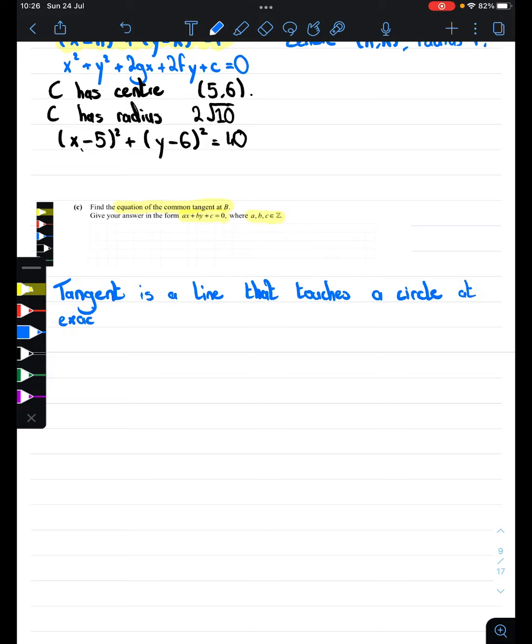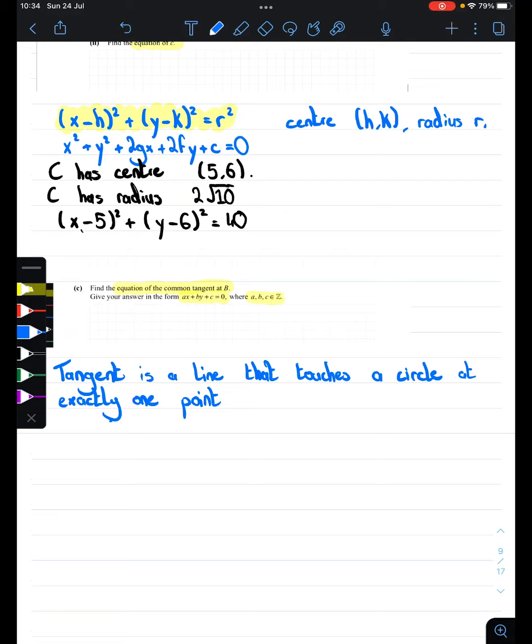Exactly one point. Another important property of tangents is that the tangent is perpendicular to the radius. Perpendicular to the radius.